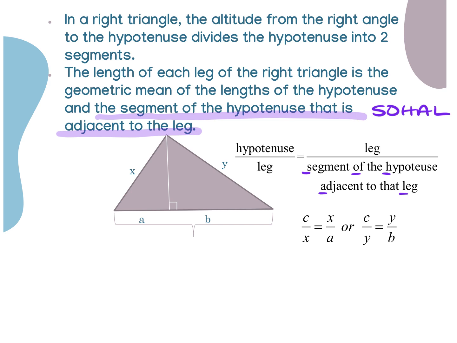So the A over here is going to be my segment 1. My B is going to be segment 2. And this is missing a C. There should be a little C here. This is the hypotenuse of the original triangle.